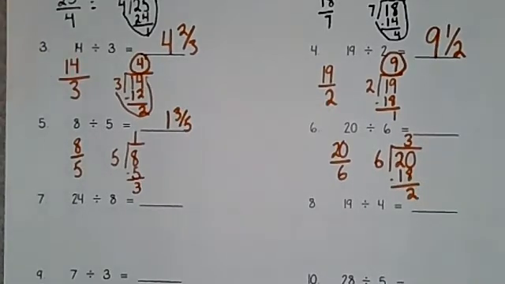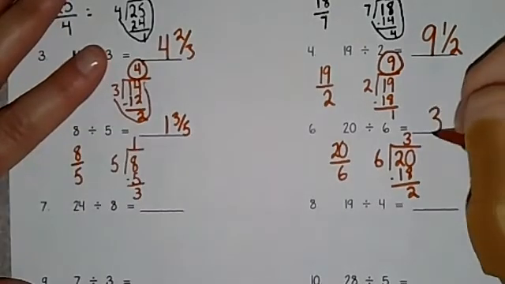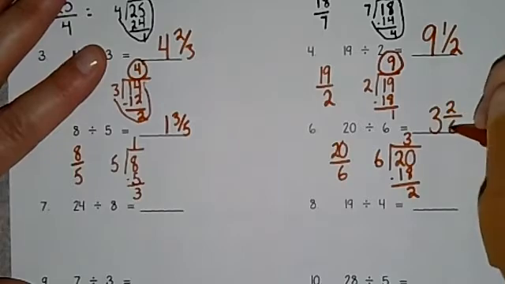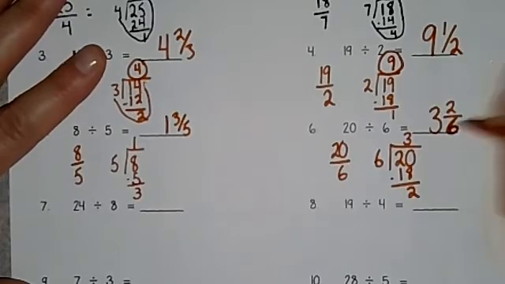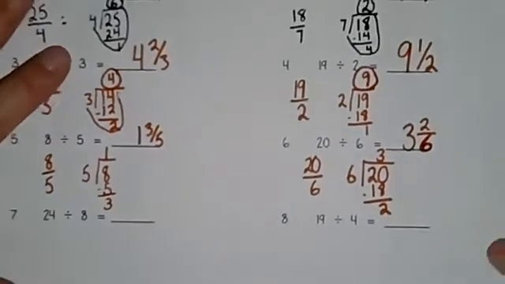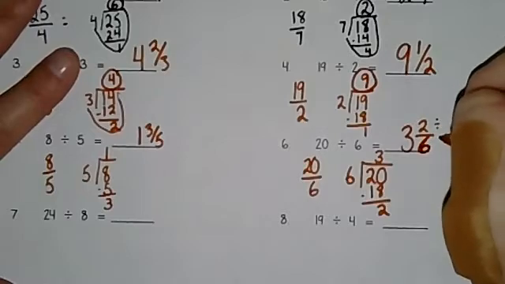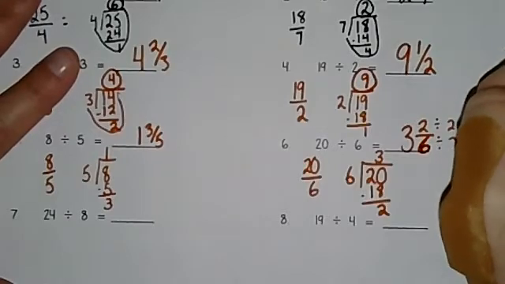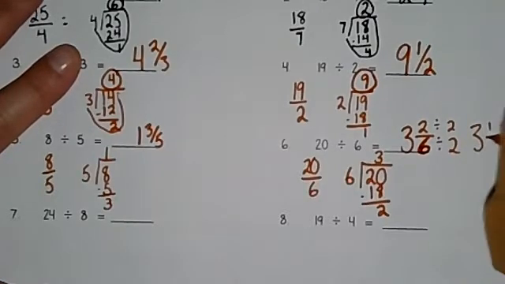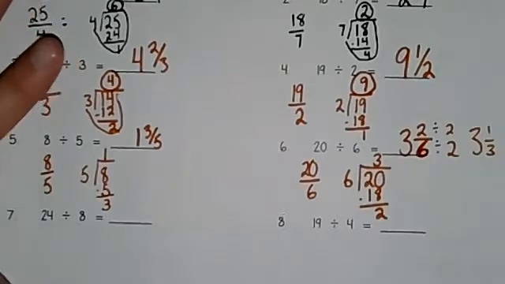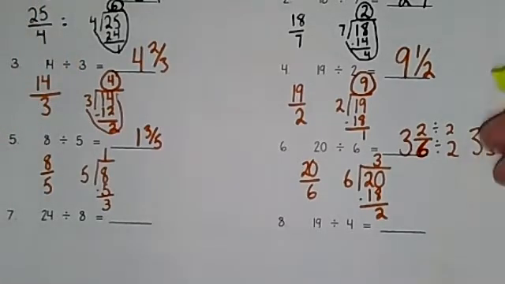What's the mixed number, Aaliyah? 3 and 2/6. All right, Tinley, what do you notice about 3 and 2/6? I can simplify it. Divide the top and the bottom by 2, and it turns into 3 and 1/3.